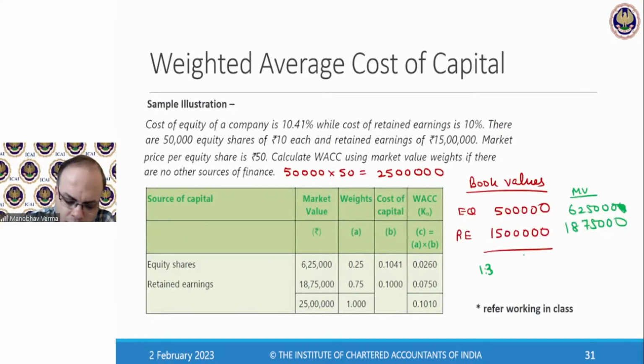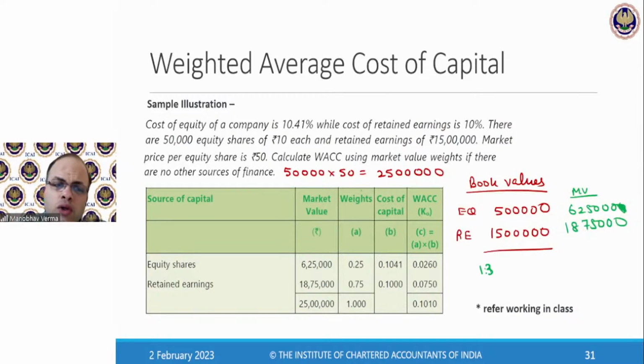Okay, Prachi says she did not understand the weighted average. Prachi, is it clear now? Basically, we are splitting up the market price based on the weights of the book value, because in this case we will be using these weights for the respective costs of capital, guys.